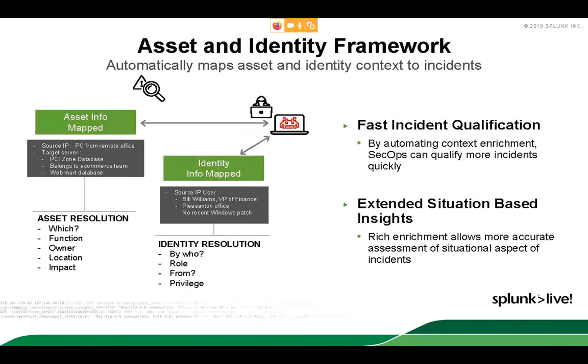So asset and identity are the lookups which we do at the enterprise level, which help enrich the security operations with the incidents coming in, and help to correlate the data nicely as well.